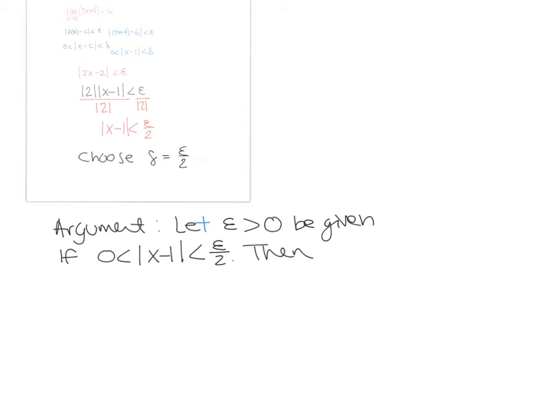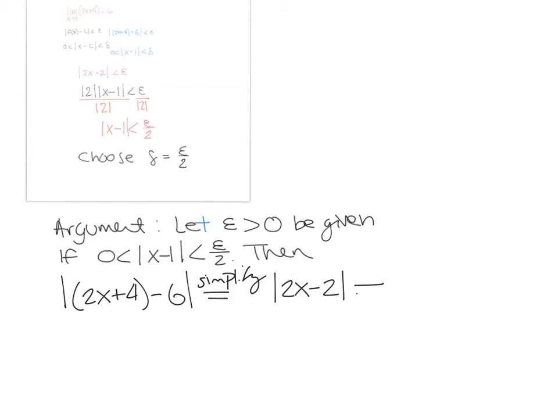And the first thing we did was we took the absolute value of our function, then we simplified, and we got 2x minus 2. Then we factored, and we got the absolute value of 2, x minus 1.